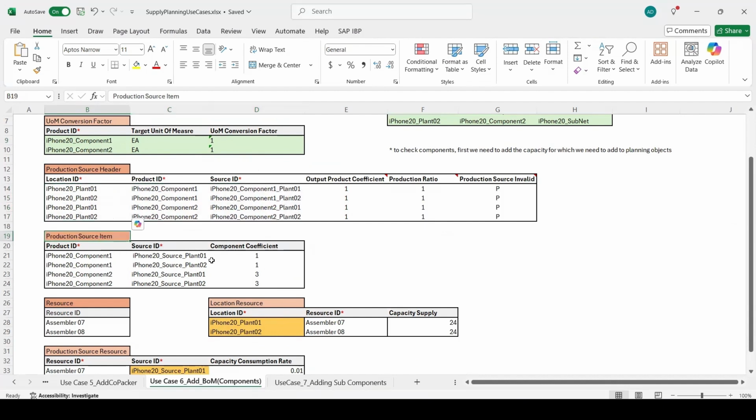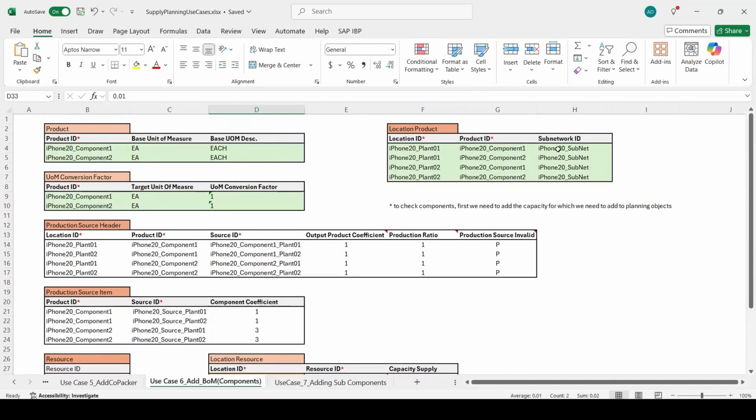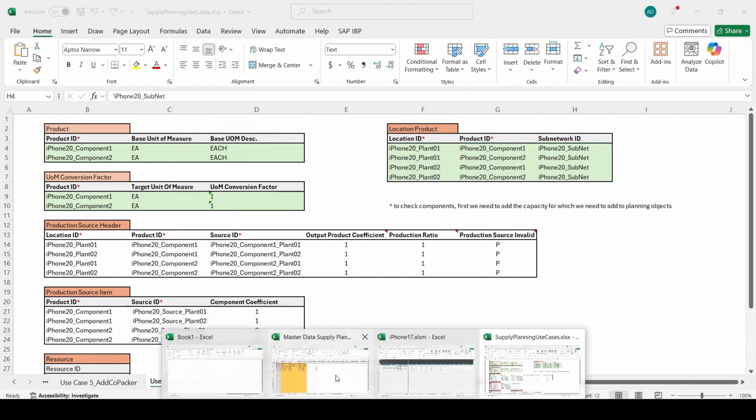So we are defining the bill of material in the component, where component one is required in 1 unit for each finished product, whereas 3 units of component two are required. And then we have the capacity defined, the consumption rate defined for each unit of the product, and then the mapping of the components to the plants, right? So this is the summary, and let's quickly see the master data.